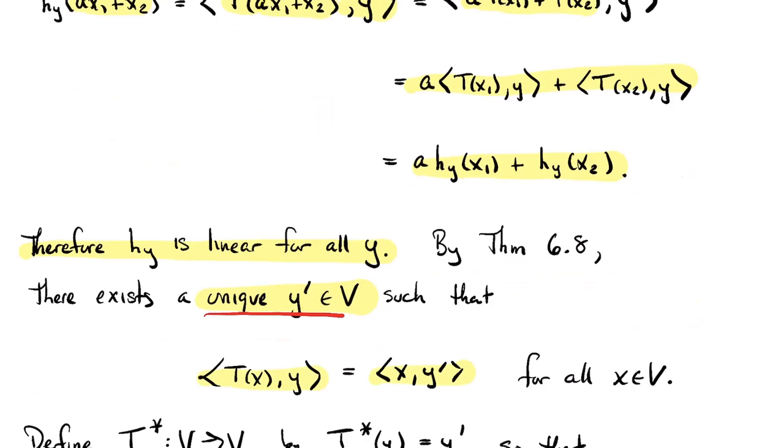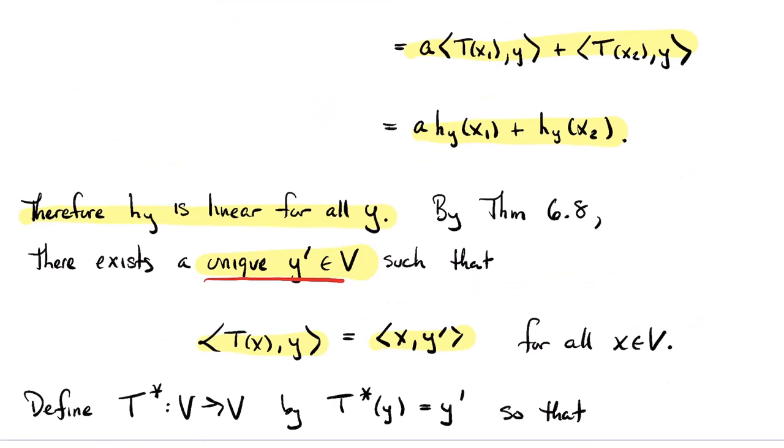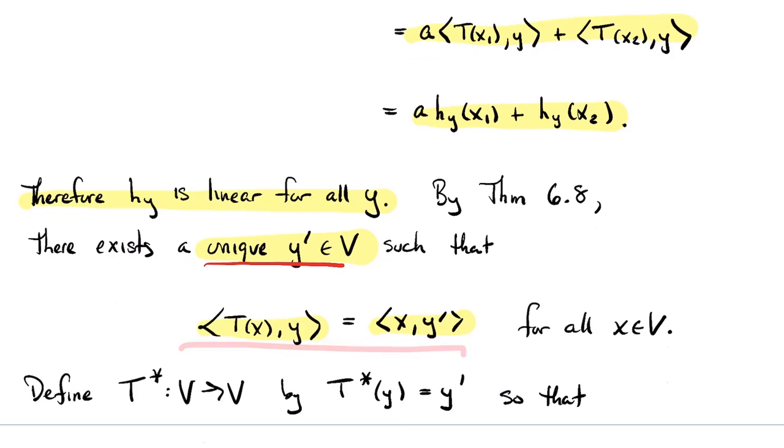There's only one of them. Okay, so given a y, we found this unique y prime such that this inner product expression holds. All right, so that allows me to define a function. I'm going to define a function called T star, and T star's value at y is the y prime. That makes sense because y prime exists, and it's a function because y prime is unique given y.